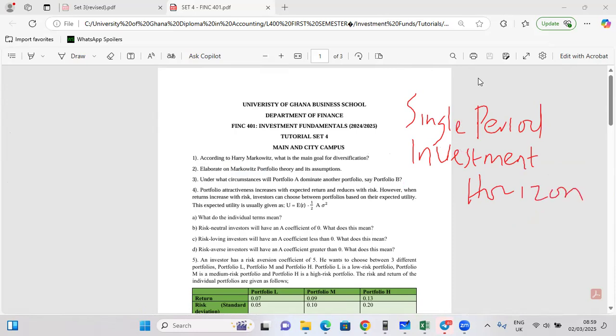So investors are assumed to be concerned with maximizing their return over a single period rather than considering multiple periods of return. So basically, investors are only looking for one period of return, not multiple periods, right? So we are done with question 2.